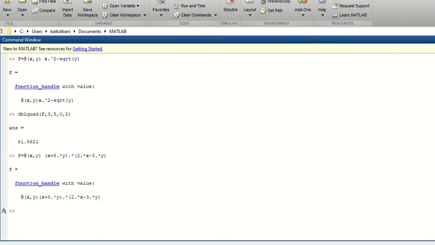So we have to add the dot multiplication. Now double integral dbl cubed of f.